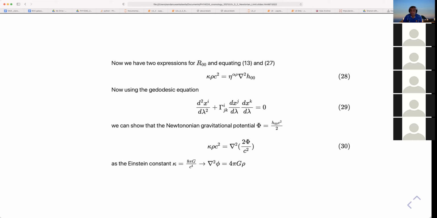Right? So that is the Poisson equation that we talked about at the beginning. So that will complete this proof about reducing the field equations under appropriate conditions so that you can derive the equations for Newtonian gravity.